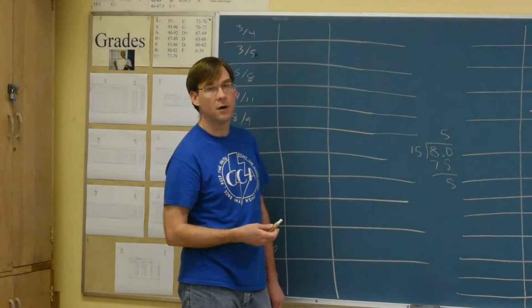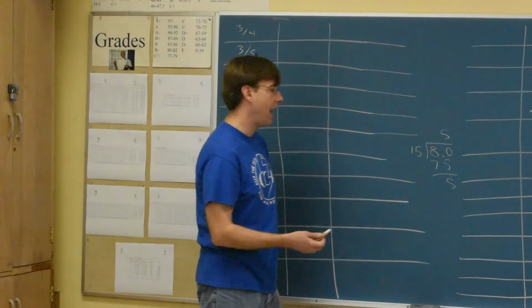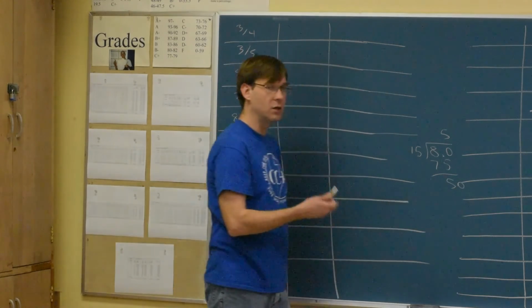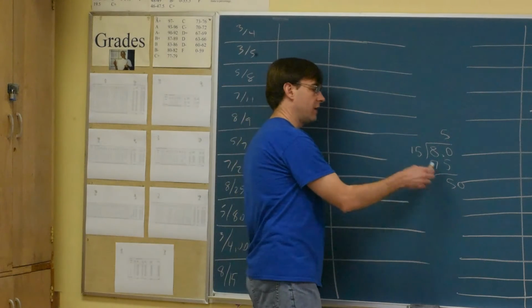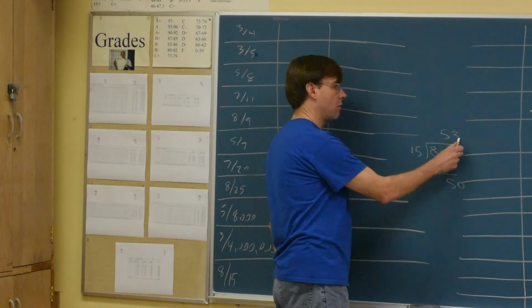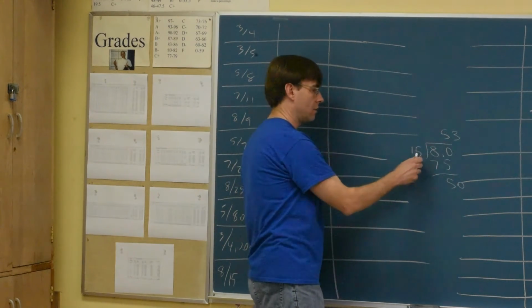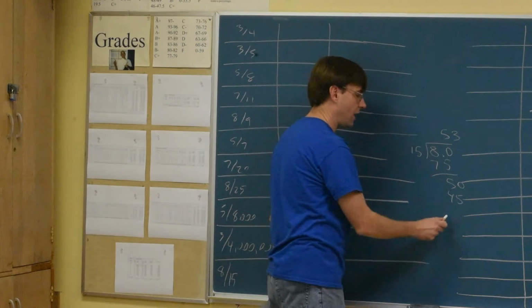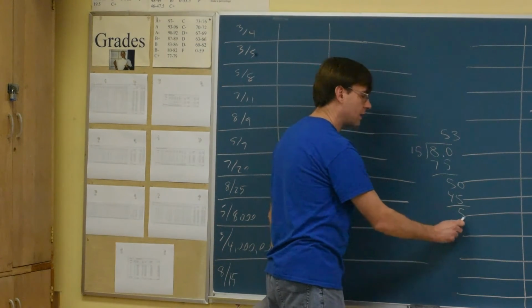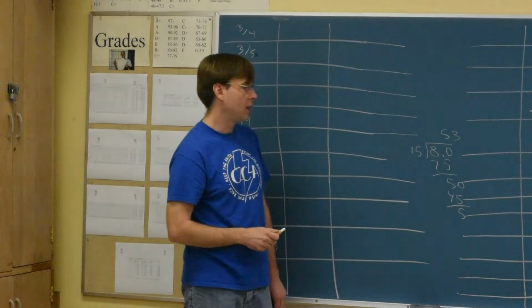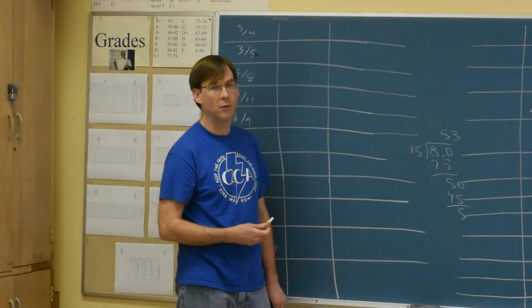If you get a remainder when you're doing it this way, you have to add a 0 and continue to go again. 15 into 50 is going to go 3 times. 3 times 15 is 45. And we subtract and we get a 5 again. In which case, if you didn't notice, you got a repeat.